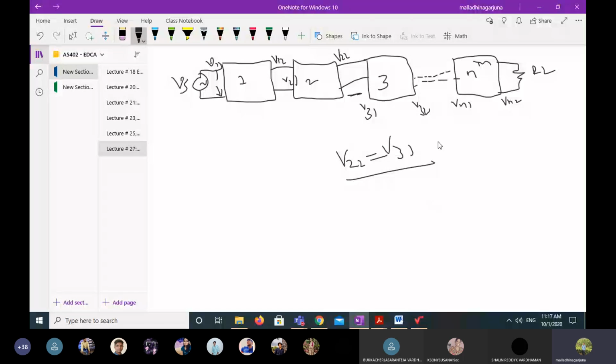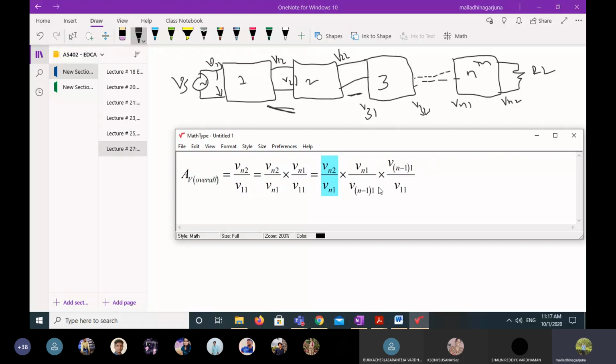Why? Because the output of the second stage is equal to the input of the third stage. Similarly, you can take V12 equal to V21. Why? Because V12 is the output of the first stage and V21 is the input of the next stage, the second stage. Both are the same. The voltage will be the same.